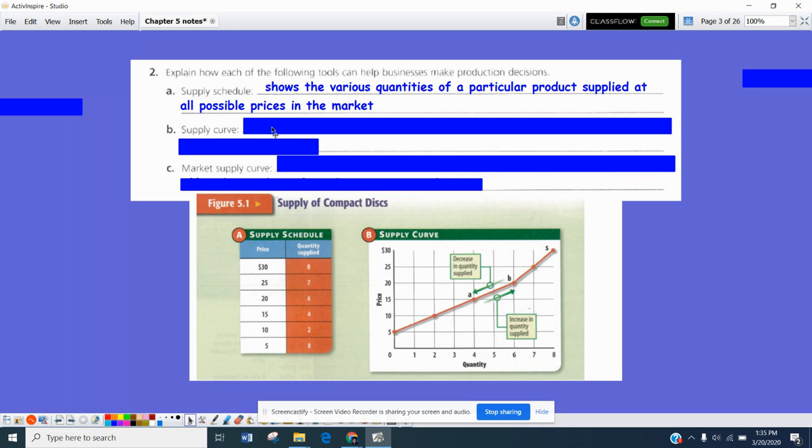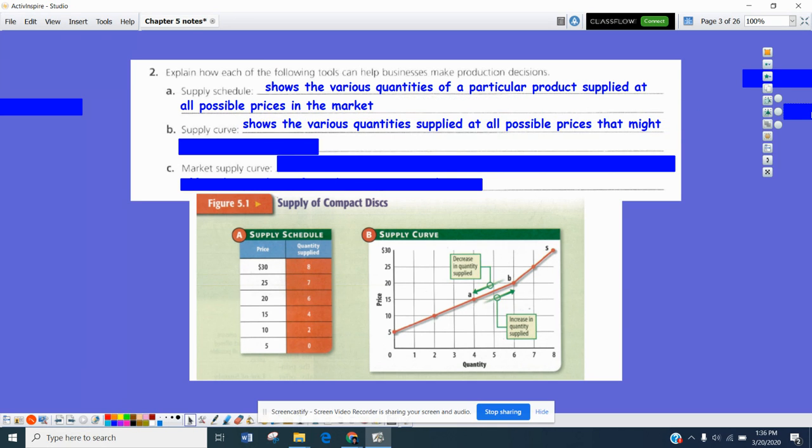When we look at a curve, it's more of a graphic illustration. It shows again the various quantities supplied at all possible prices that might prevail within the market. The big difference is it's an illustration.